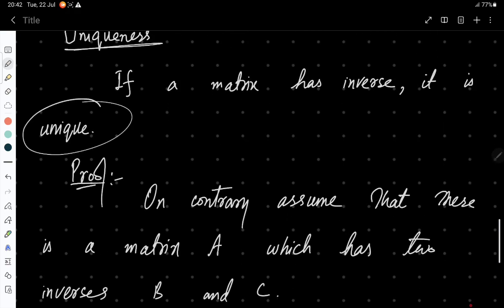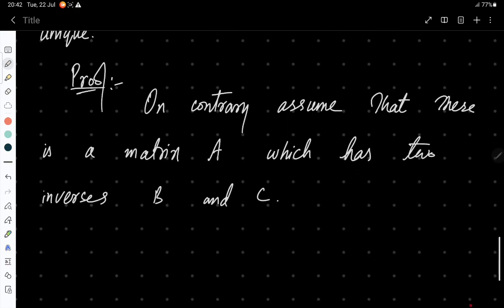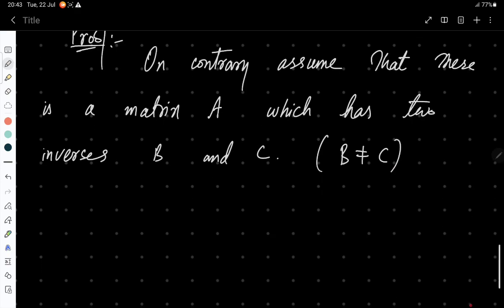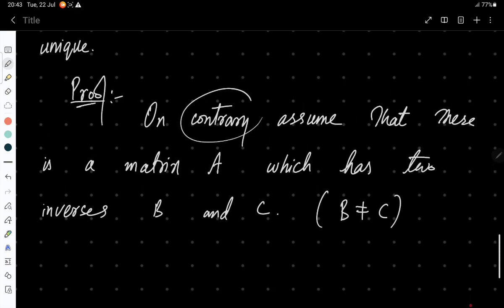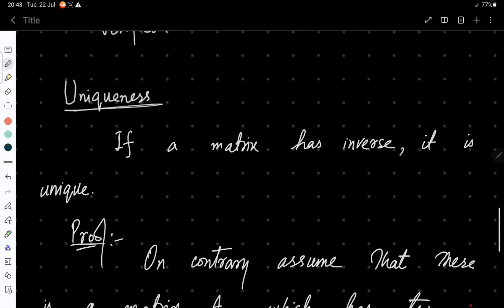It is not unique. We are assuming that the inverse of A is not unique. That means there are two different inverses of A, B and C. This implies B is not equal to C. So we are assuming, on the contrary, that this statement is false.